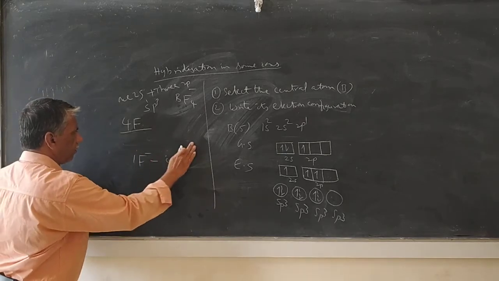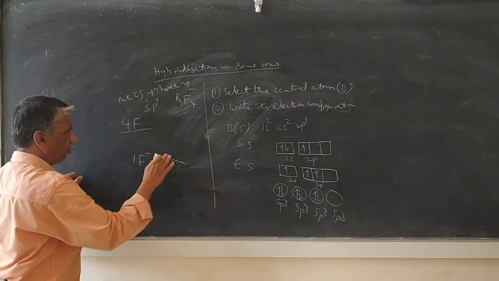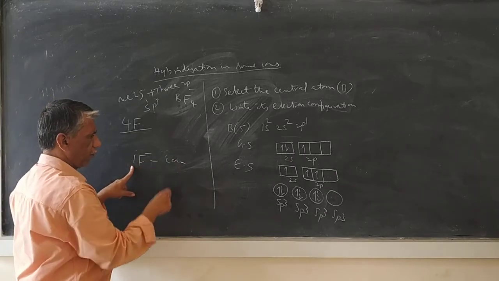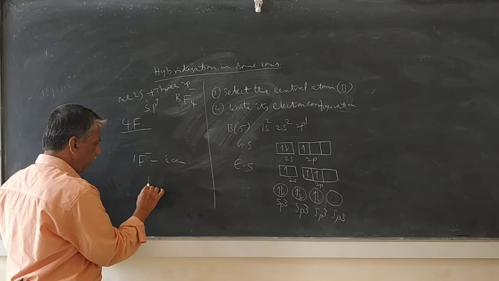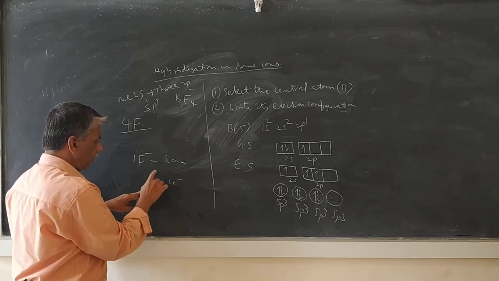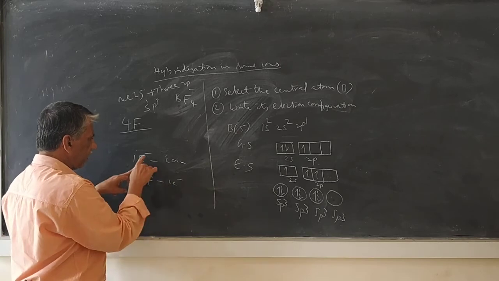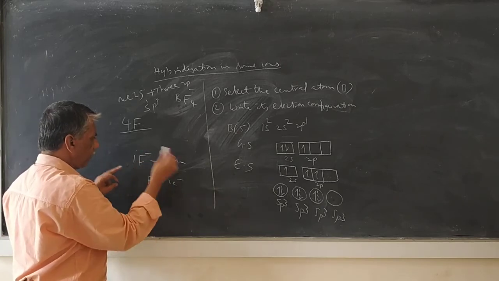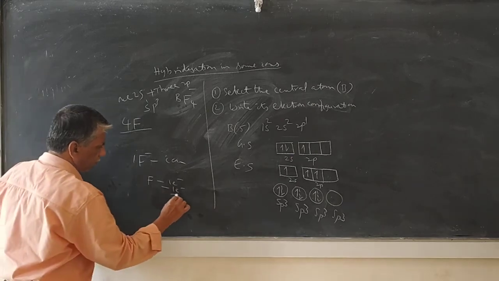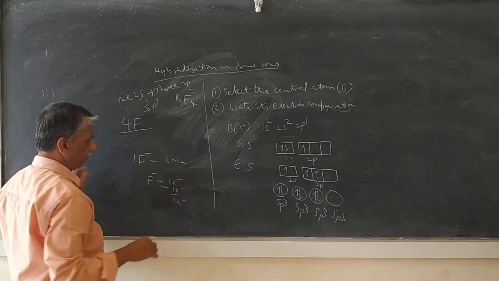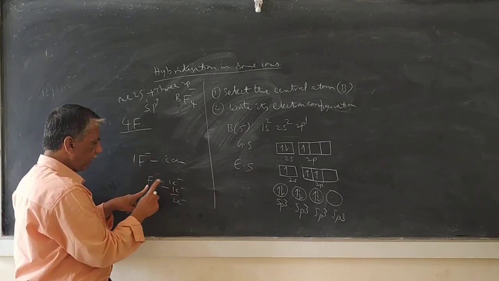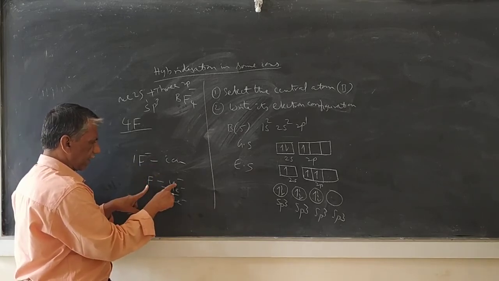So all 3 fluorine atoms are over. Now we are left with 1 F minus ion. F atom can donate 1 electron. Since it is a minus ion, it will have an additional electron. So totally we have 2 electrons.